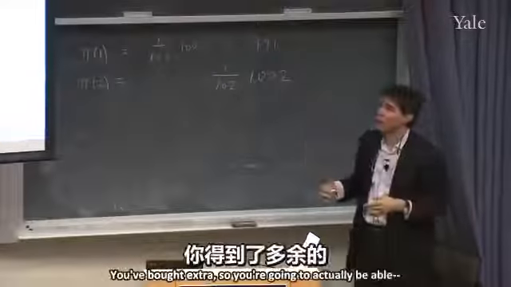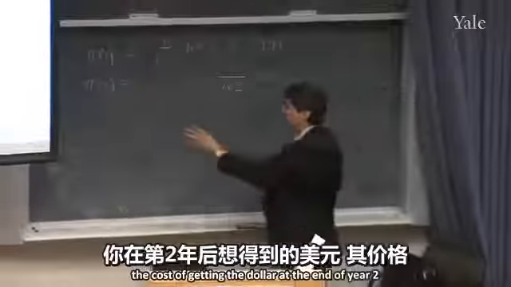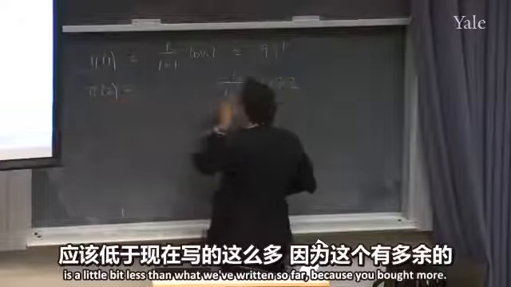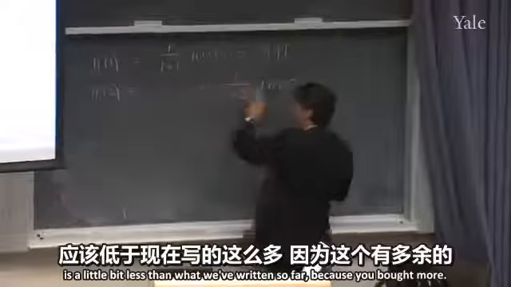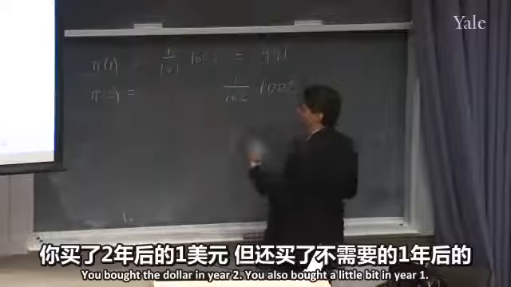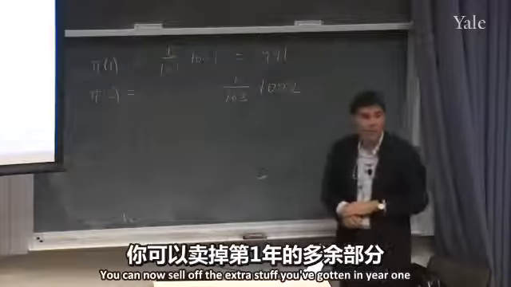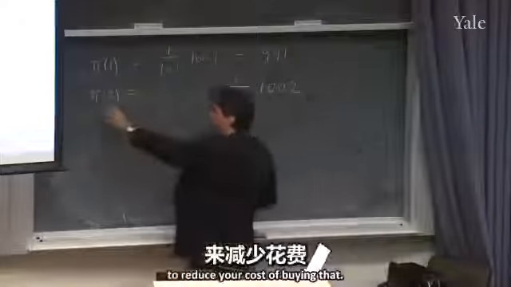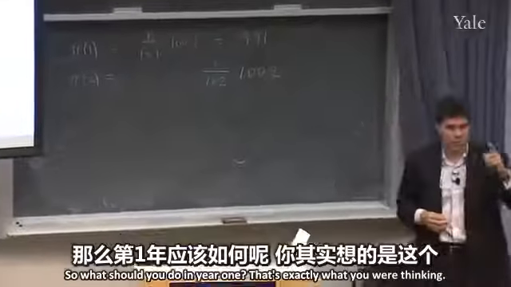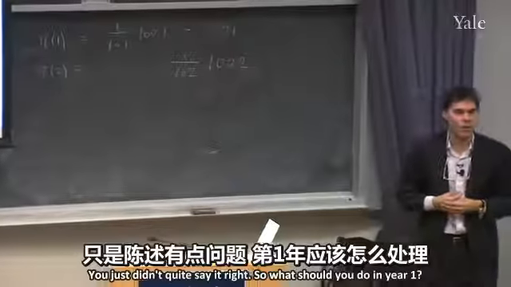The cost of getting the dollar at the end of year 2 is a little bit less than what we've written so far because you bought more. So far, this is buying too much. You bought the dollar in year 2, and you also bought a little bit in year 1. You can now sell off the extra stuff you've gotten in year 1 to reduce your cost. So what should you do in year 1? That's exactly what you were thinking, you just didn't quite say it right.